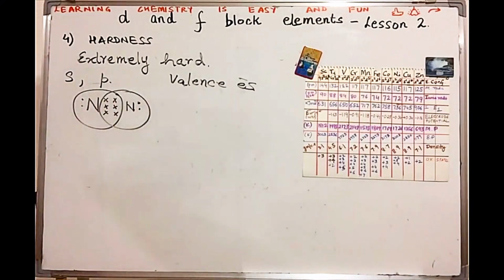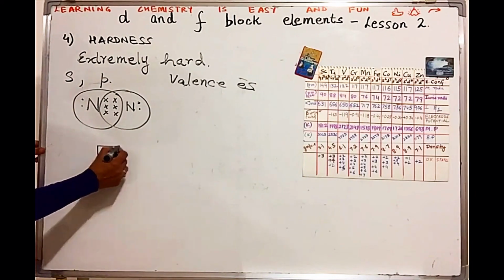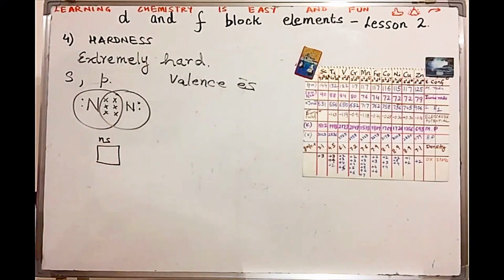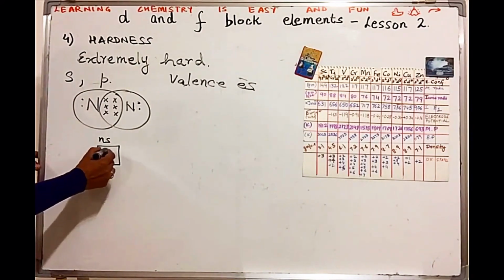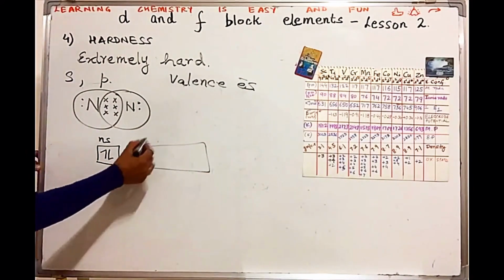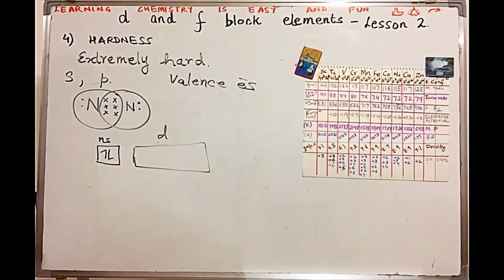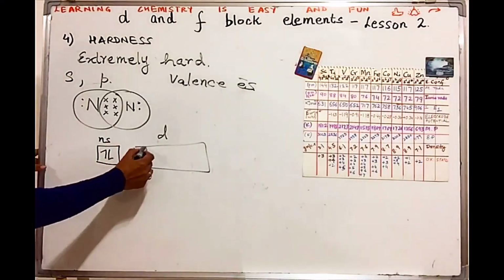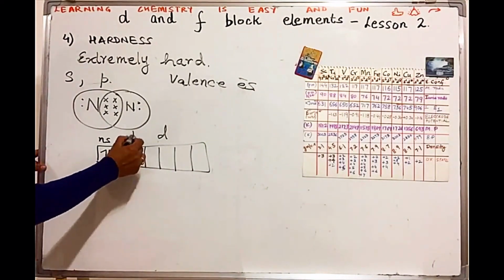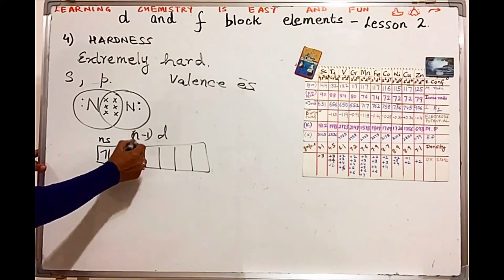This is where the transition elements go a step ahead, because in their case you do have the electrons in the valence shell. They may be either complete or incomplete, but at the same time they have unpaired electrons in the d orbitals of the penultimate shell.